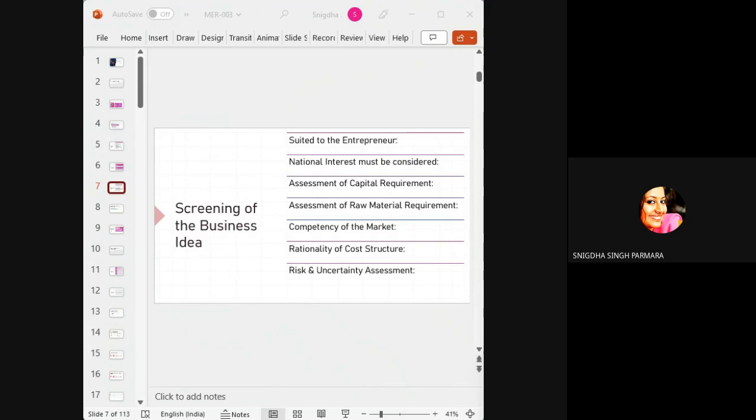Assessment of capital requirement. If there are certain ideas which require a lot of capital and the enterprise is not able to arrange so much of funds, then they will remove those ideas from its list. Assessment of raw materials required. If it requires raw materials which are not readily available in India or are not easy to arrange, or it requires heavy investment in terms of projects.